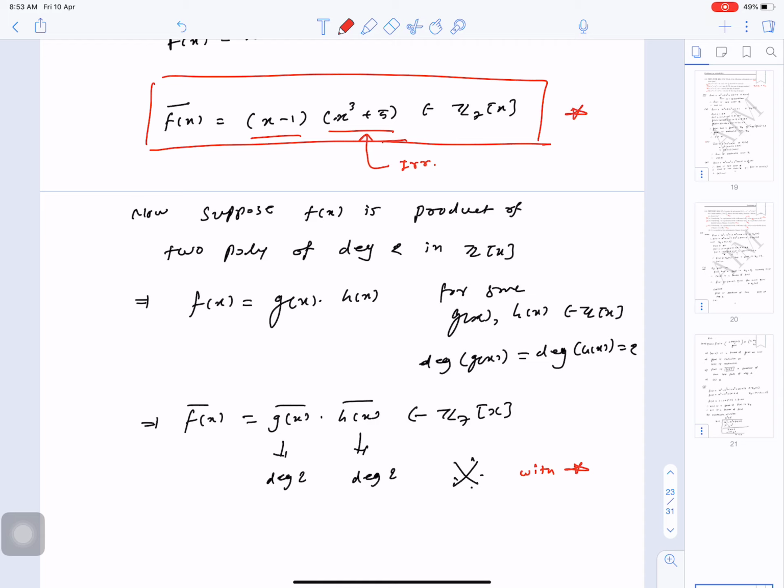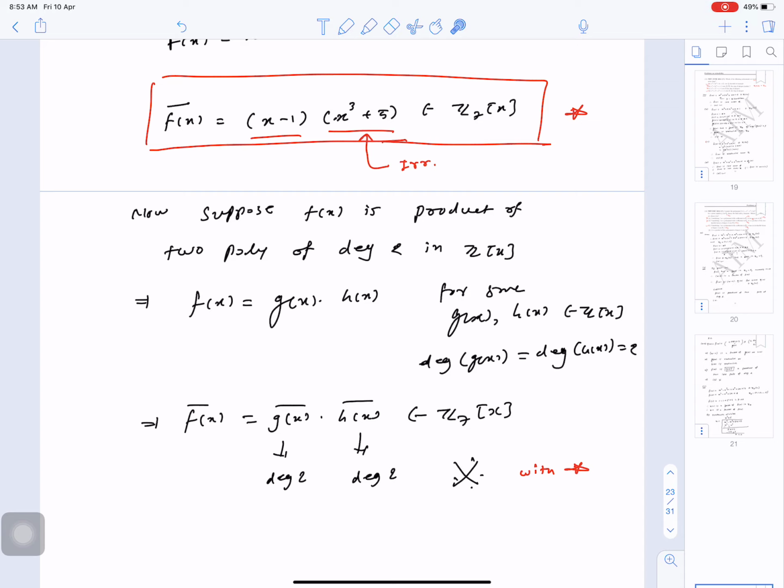So let me give one more argument. Suppose fx is a product of two polynomials of degree 2 in Zx. In fact they are saying irreducible polynomials. Sorry, no, only a product of degree 2 polynomials.